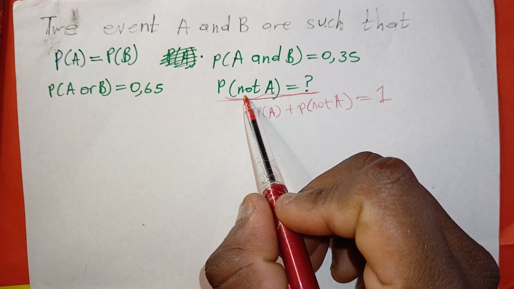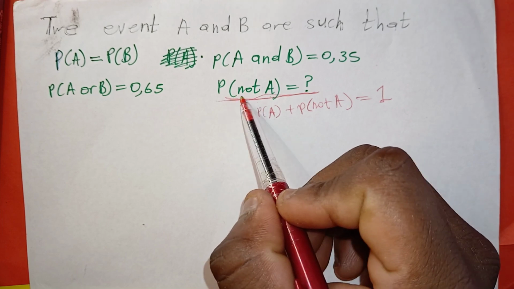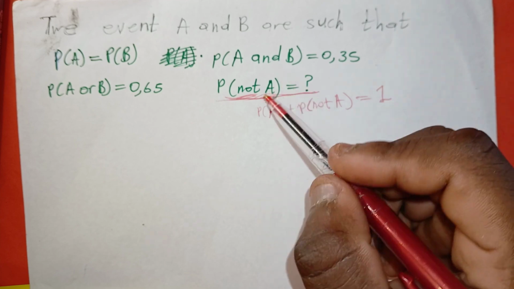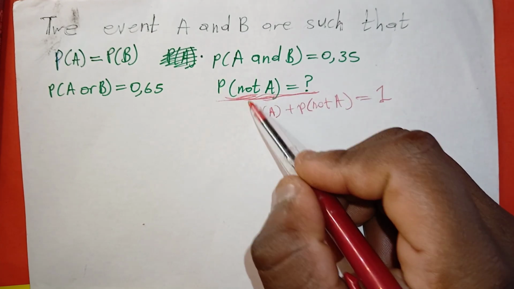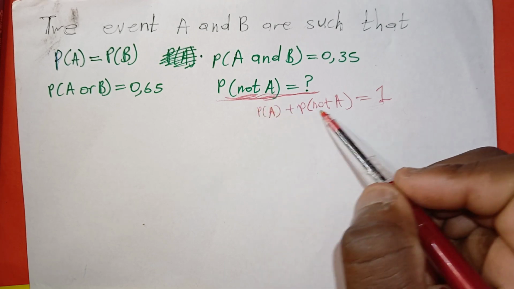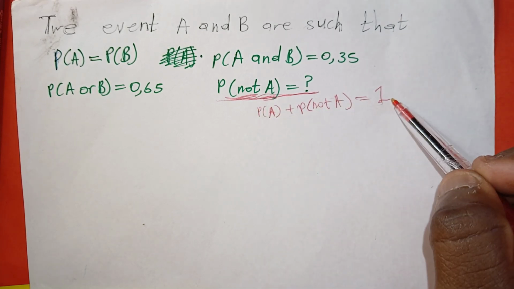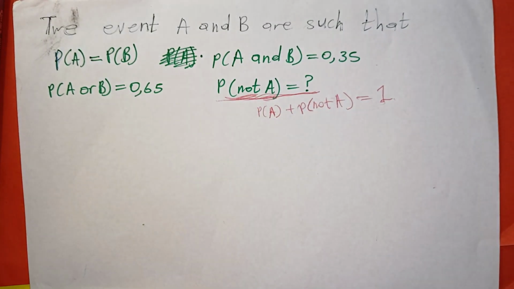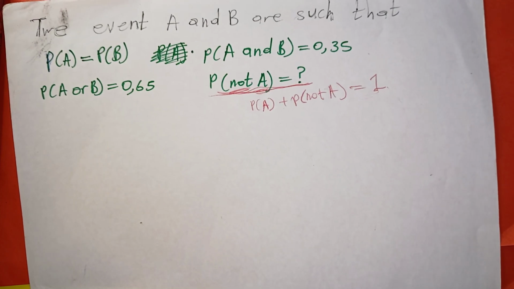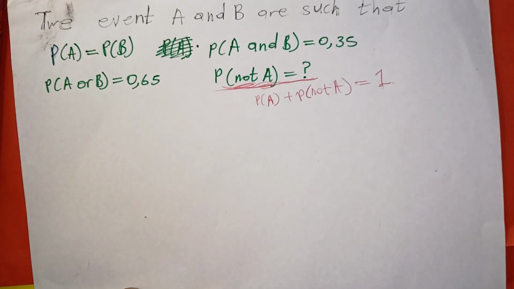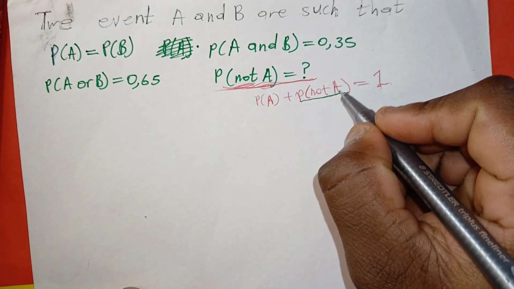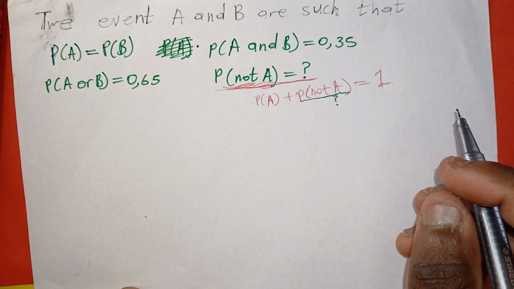And now they want us to calculate the probability of not A. And when you see not, just think about the complementary event, which says that inside plus outside is equal to 1. Do you see? So now what I want you to recognize is that here, they want us to solve this thing. This one is the one that we want to solve.